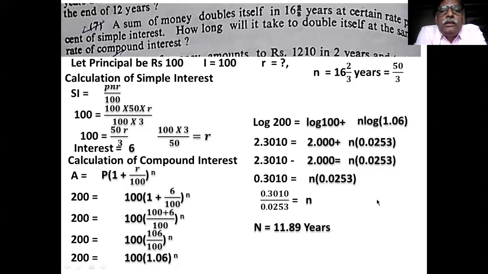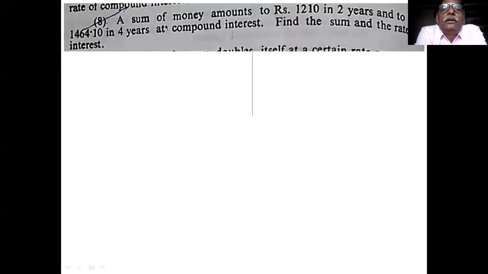Come to the next, number 8. In the 8th problem, a sum of money amounts to rupees 1,210 in 2 years, and the same sum in 4 years amounted to rupees 1464.10 at compound interest.